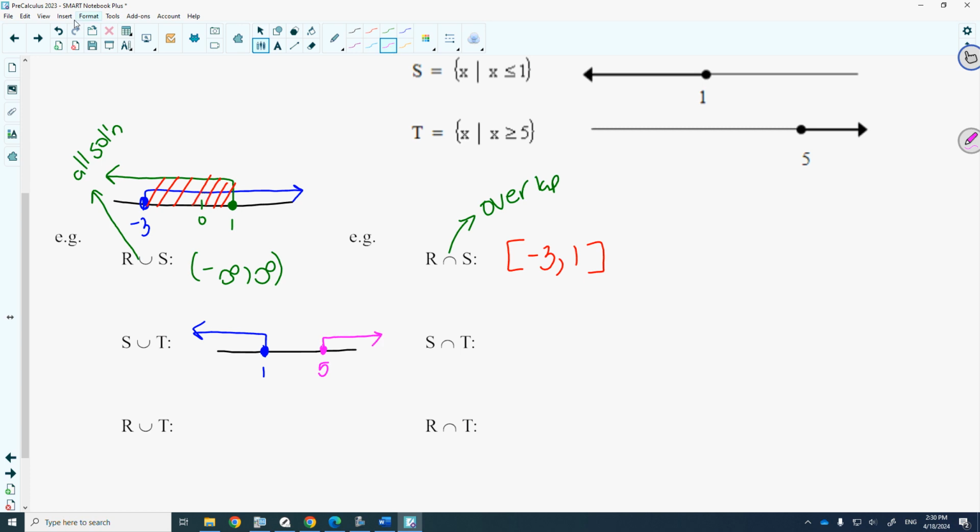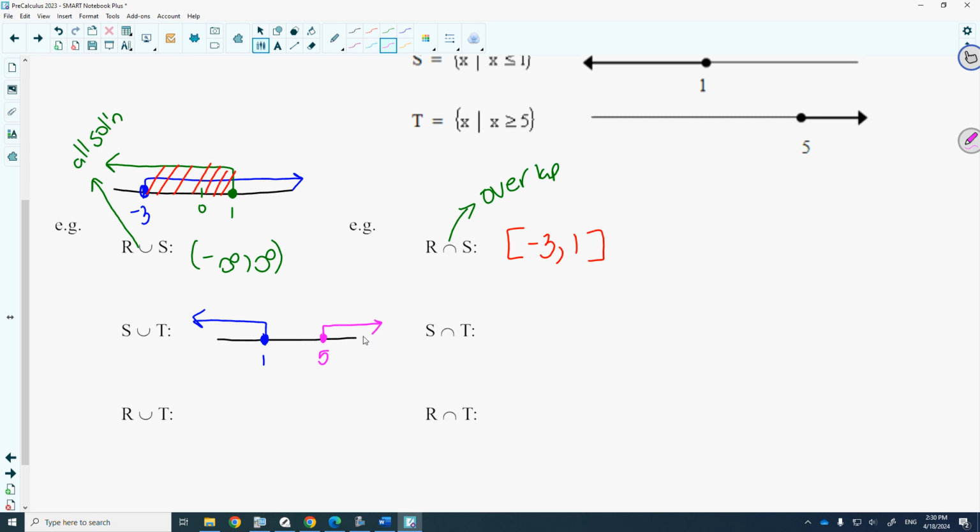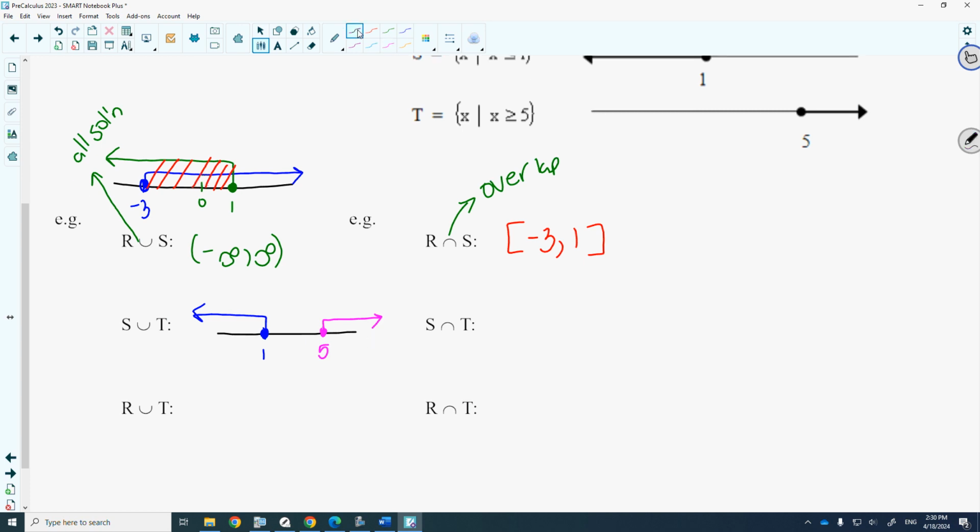The union of S and T would be all solutions. So what would that answer be? It would be -infinity to 1, square bracket, union, square bracket, 5 to infinity, round bracket. That would be the union of S and T.